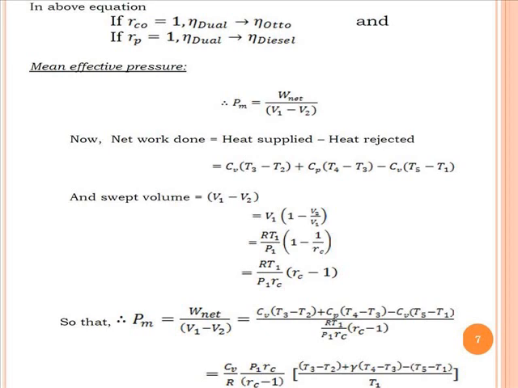When we go for simplification, we will get mean effective pressure equals Cv by R into P1 into Rc into bracket (gamma minus 1) divided by (Rc minus 1), into square bracket [Rc raised to gamma minus 1 into (Rp minus 1) plus gamma into Rp into Rc raised to gamma minus 1 into (cutoff ratio minus 1) minus Rc raised to gamma minus 1 into (Rp minus 1)], where Cv by R equals 1 upon gamma minus 1.